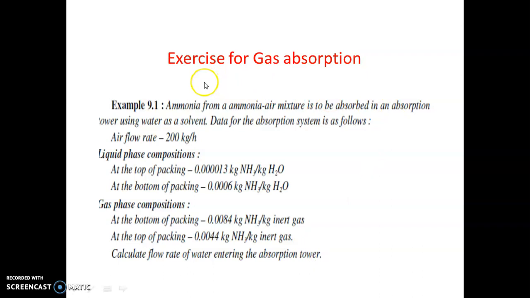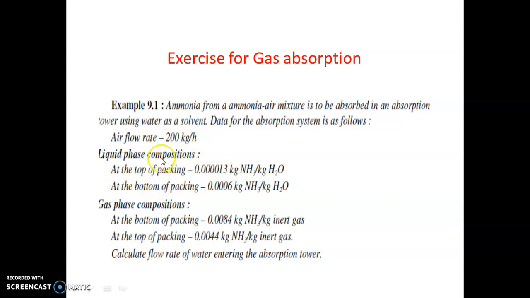So the problem is here: ammonia from an ammonia-air mixture is to be absorbed in an absorption tower using water as a solvent. Data for the absorption system is given below. The air flow rate is given as 2000 kg per hour.